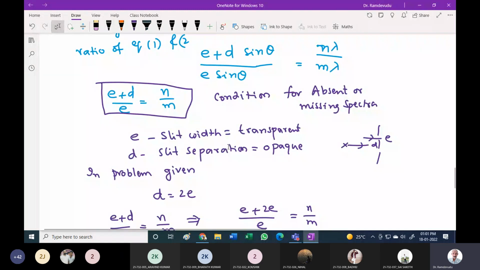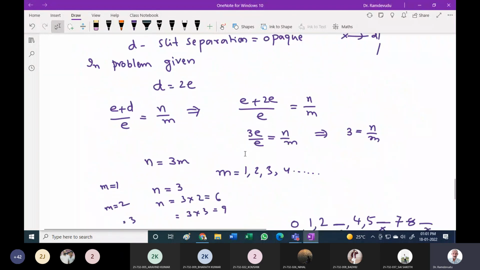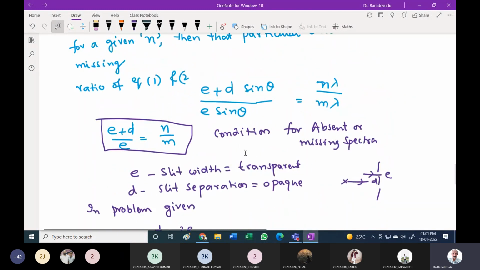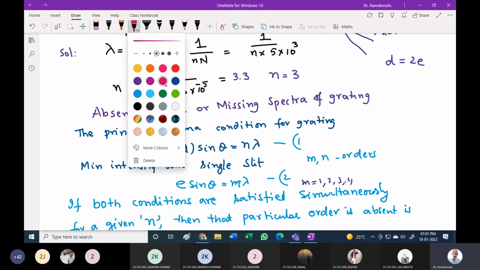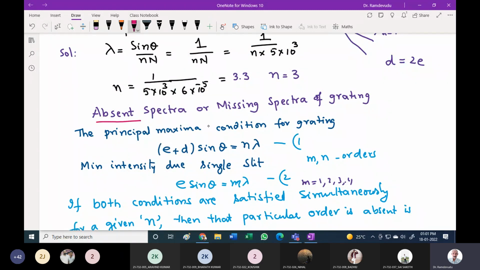This is also a short question. They will ask what is absent spectra or missing spectra, or give the condition for missing spectra. The spectrum will miss because the maximum and minimum are falling at the same location, so they cancel each other.